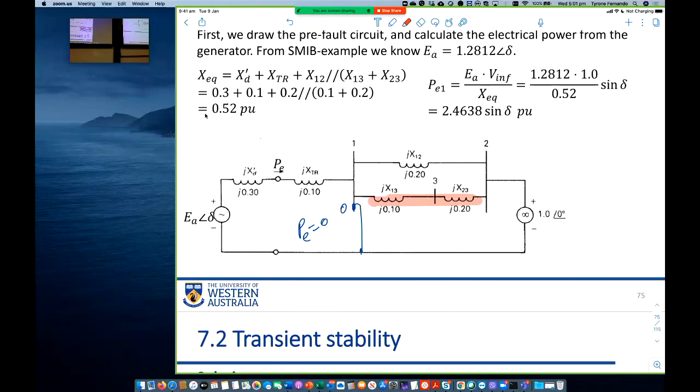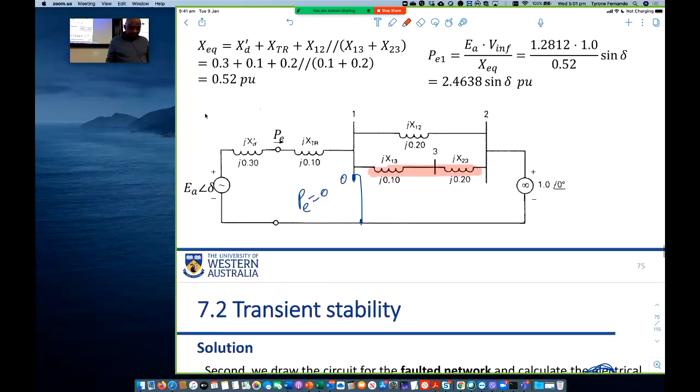Previously, the reactance connecting the left-hand side and the right-hand side was something else because we had a parallel line. Now we don't have a parallel line, so we have a different power curve. So there are three power curves: before the fault, during the fault, and after the fault.